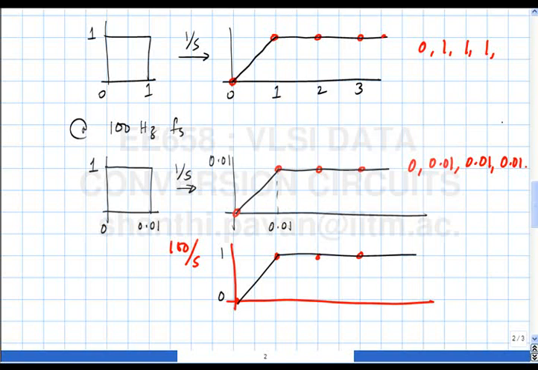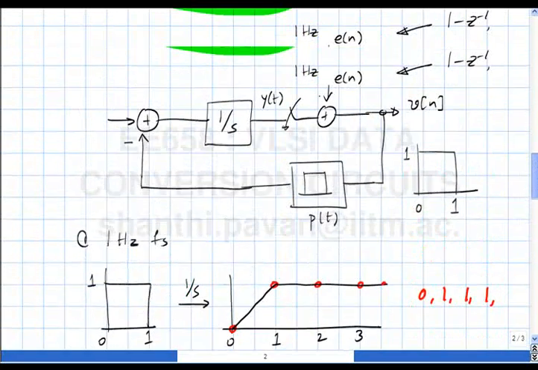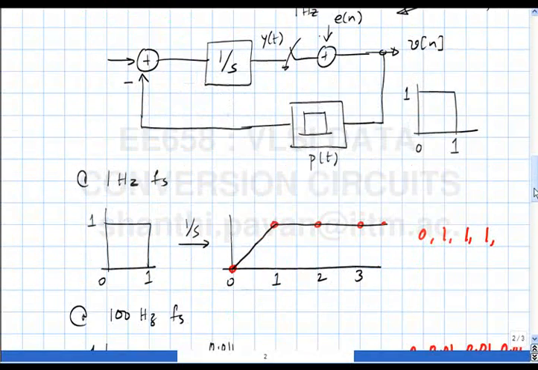Does it make sense? So what have we done here? When we scale this, we scale the sampling rate from 1 Hertz to 100 Hertz. All that you need to do to make it work properly again is to consider what are all the things in the network with dimensions of time. One, of course, is the clock rate itself, which we have increased by a factor of 100, which means that you reduce the time period by a factor of 100.